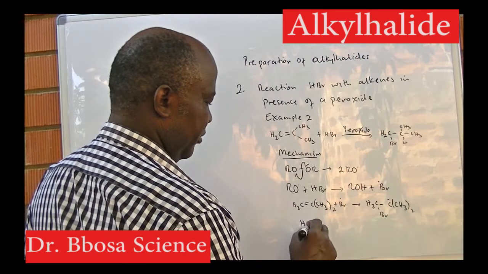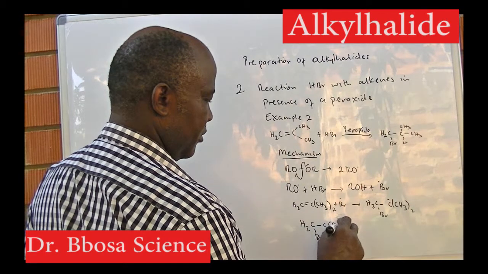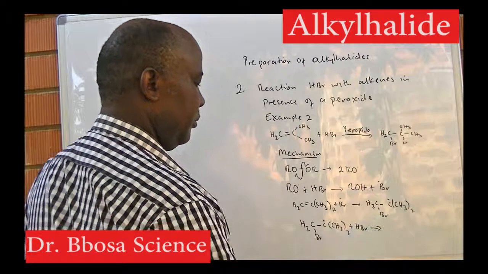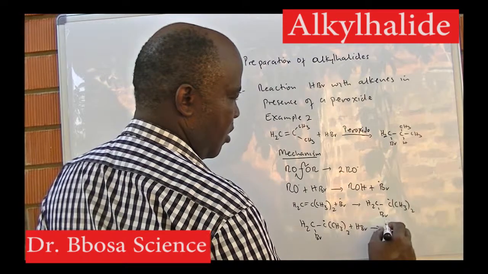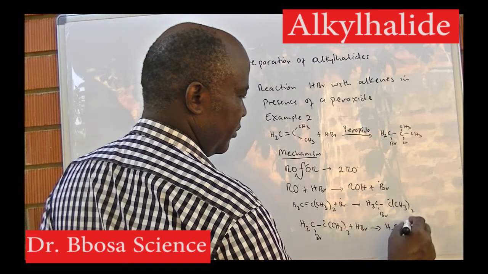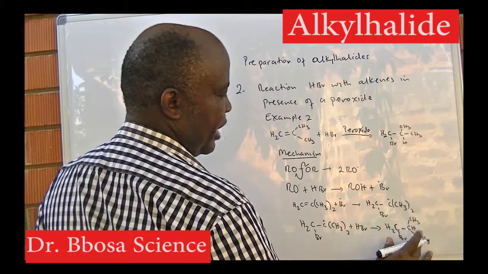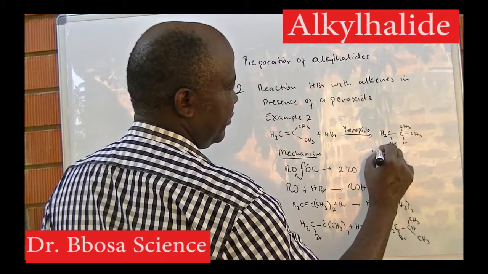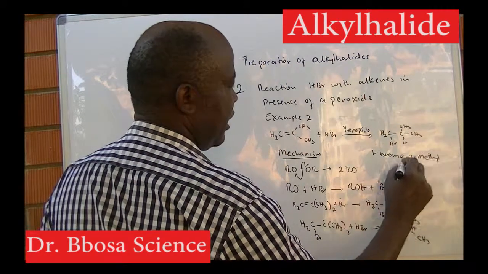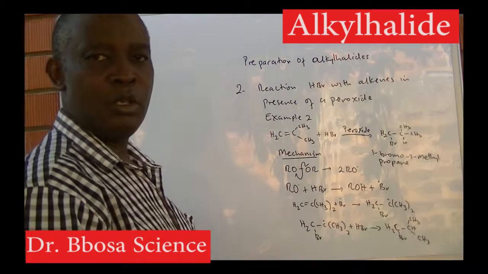Then that free radical plus HBr, you get 1-bromo-2-methylpropane.